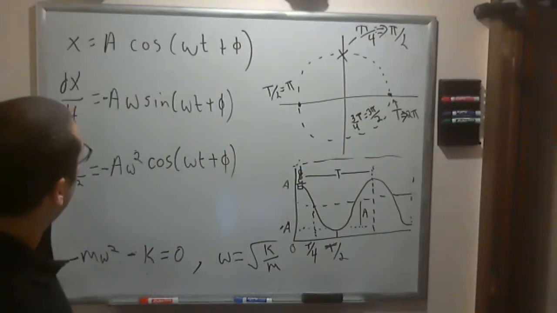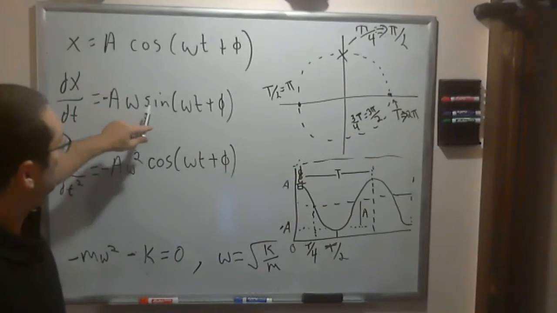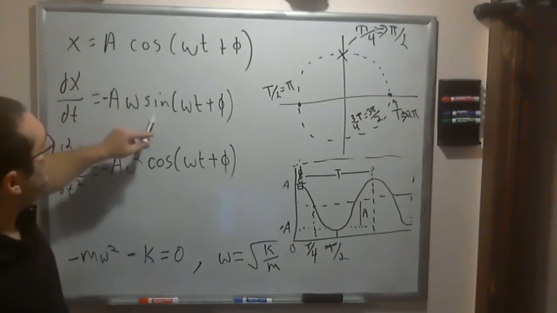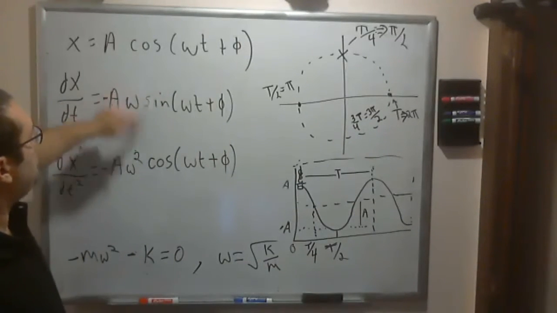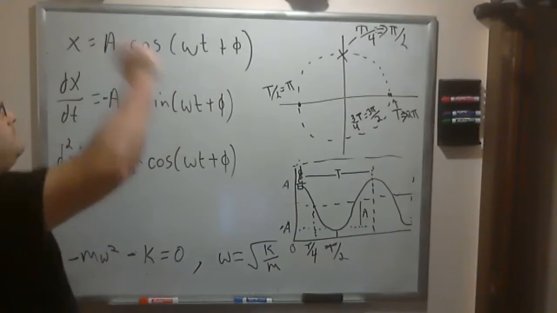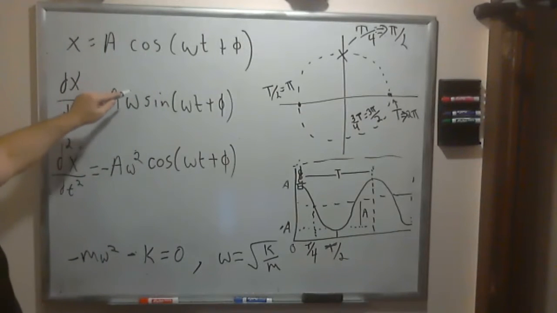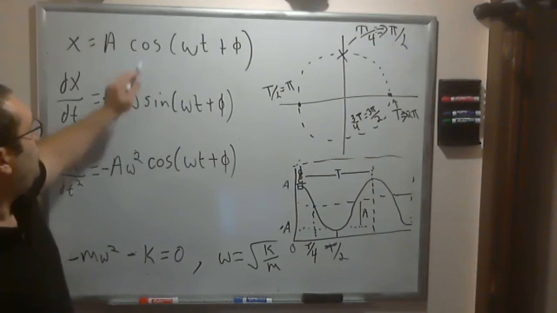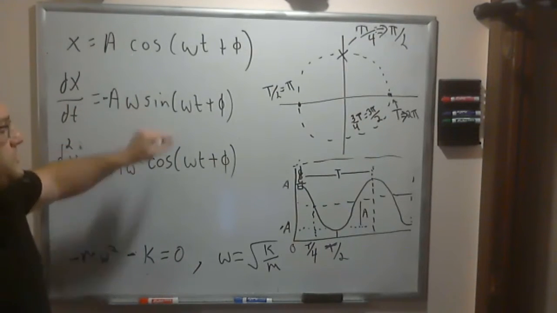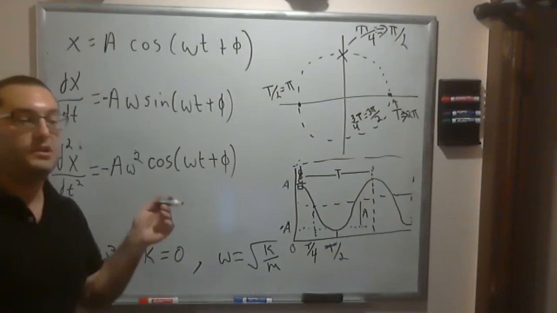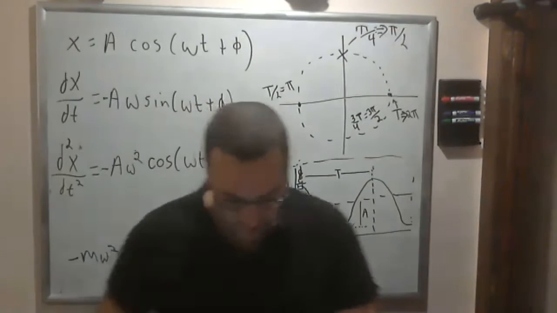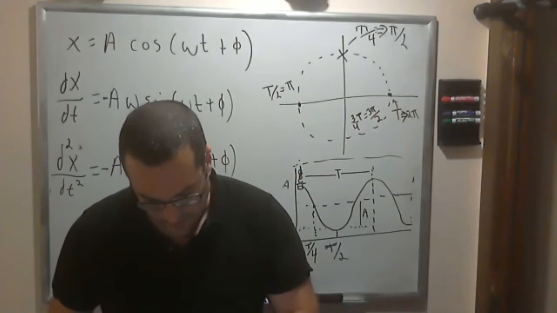And we see that the sine function, the velocity, varies differently than the position. Wherever the cosine is at maximum, the sine is at 0, and vice versa. And this really describes the cyclical motion that way.